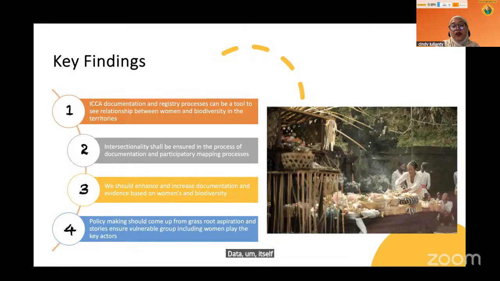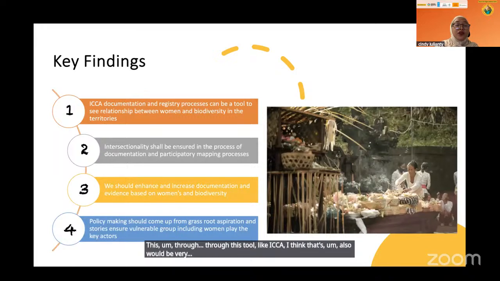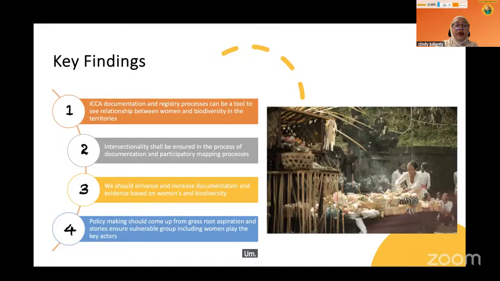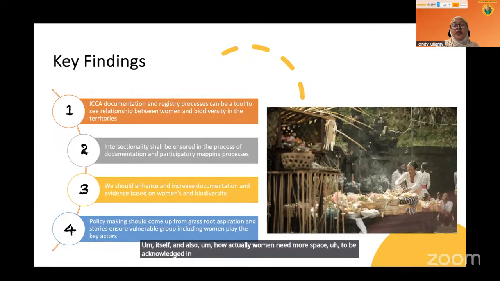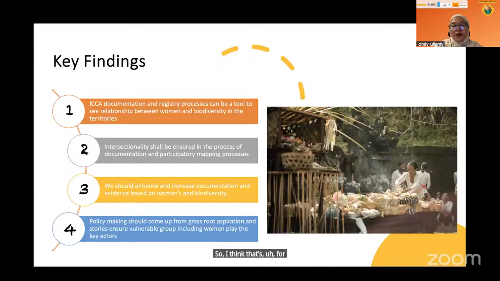So if we collect this through a tool like this, I think that would be very useful, at least for the community at the grassroots level, to see priorities, and also how women need more space to be acknowledged in policy making, especially to answer their needs in their territories. So I think that's it for my presentation.